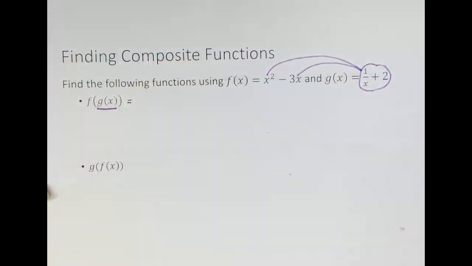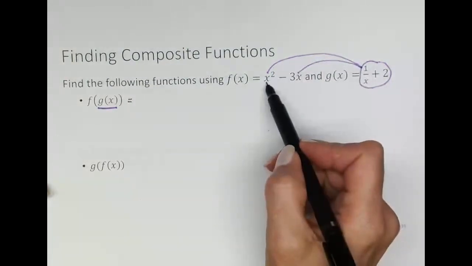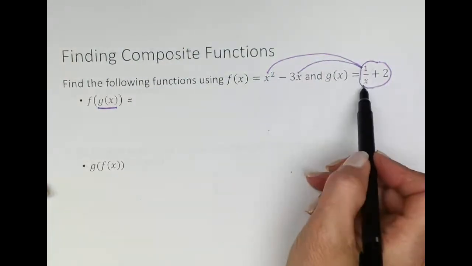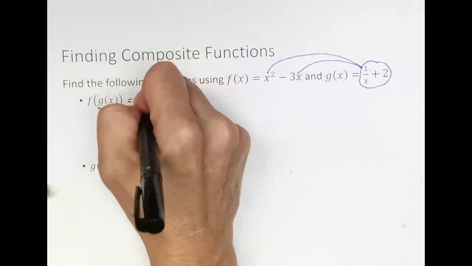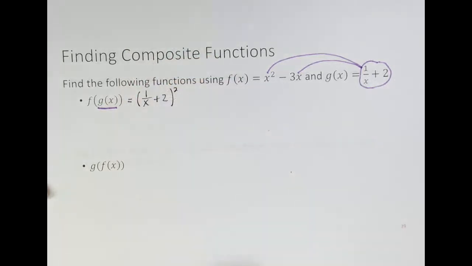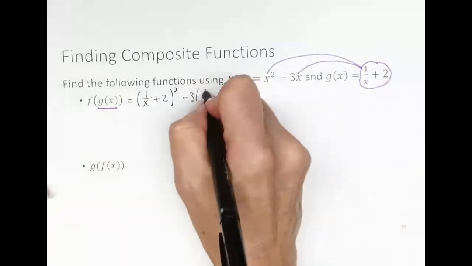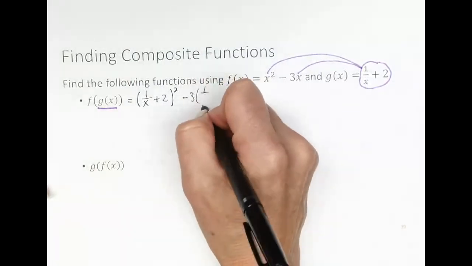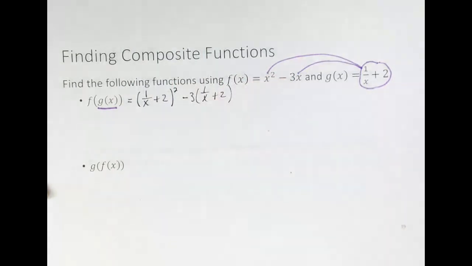So let's write that. F of g of x, the algebraic representation, is going to be the input squared, or 1 over x plus 2, squared, and then minus 3 times the input, or 3 times g of x, 1 over x plus 2.